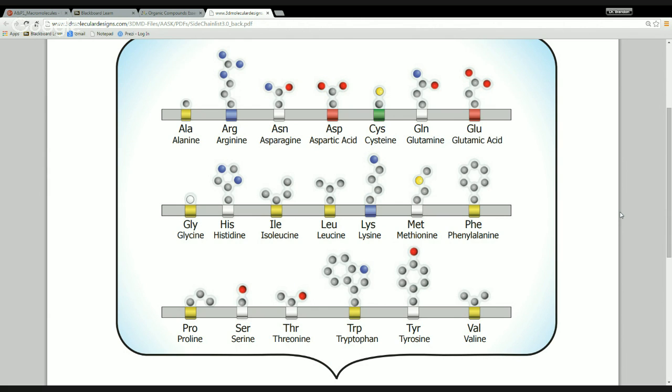The next thing is in the hydrophilic section, there are two colored circles, the blue and the red. Blue is for basic and red is for acidic. Now, the color coding there is actually not just because blue and basic both start with the same letter.